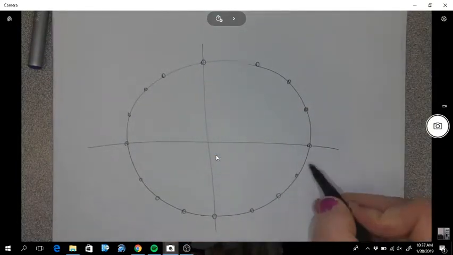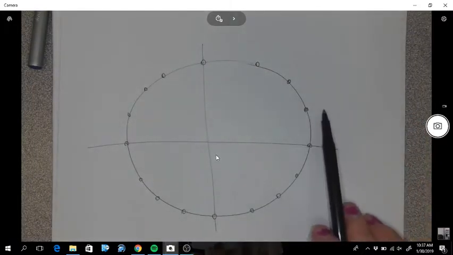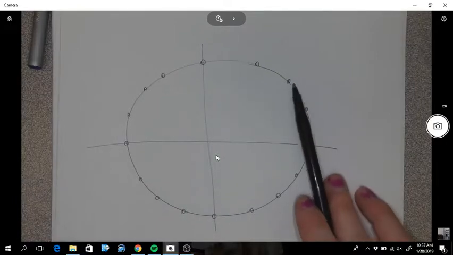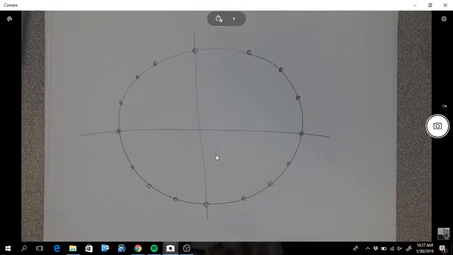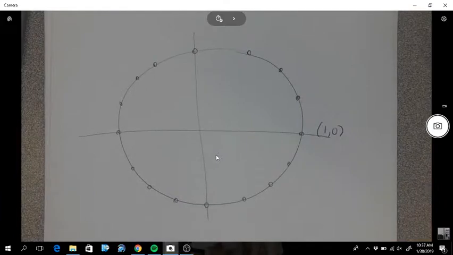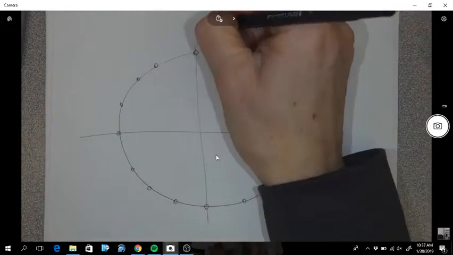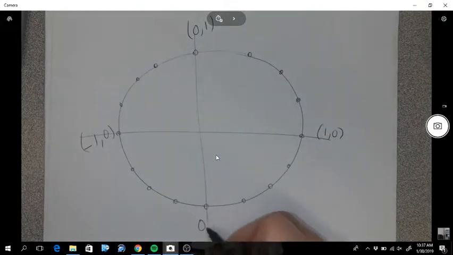And the pattern, remember, was like 30, 45, 60. So now we're going to be saying pi over 6, pi over 4, pi over 3, pi over 2, right? Okay, so when we replicated this, well, we obviously did these coordinates first. So 1, 0, 0, 1, negative 1, 0, 0, negative 1.